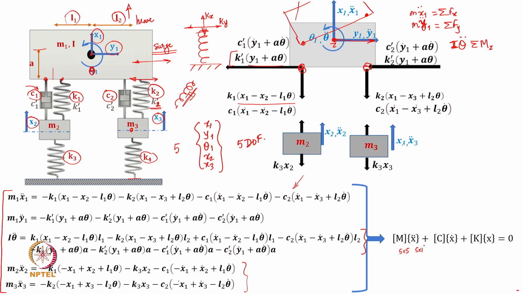So, x1 double dot, y1 double dot, theta 1 double dot, x2 double dot and x3 double dot will make it a vector of 5 cross 1 size. The damping matrix will again be 5 cross 5. The velocity response will be a vector of 5 cross 1, and exactly similar here for the restoring force.